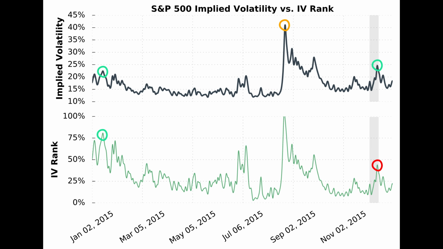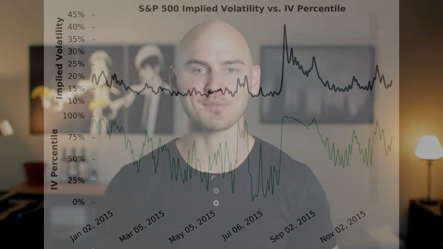In this example, the implied volatility of the S&P 500 is below 20% almost the entire year, but after the significant spike in implied volatility, the subsequent IV of 25% translated to an IV rank less than 50% later in the year. Let's go ahead and look at that same exact time period and chart, but this time, instead of looking at IV rank, we'll track IV percentile to see how IV percentile performs before and after the spike in implied volatility.